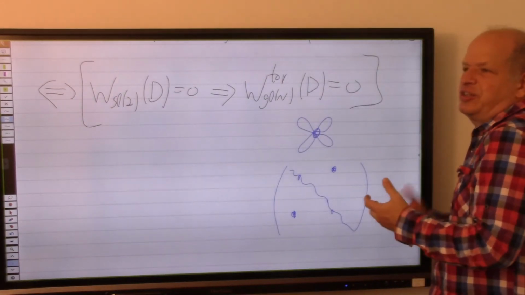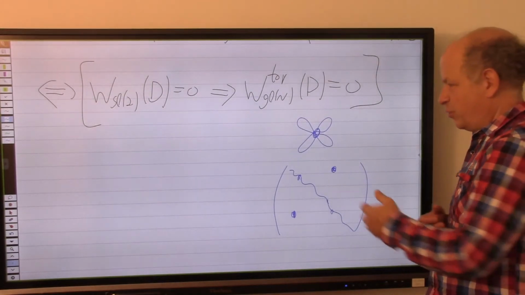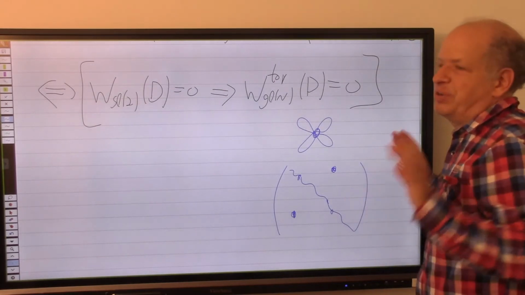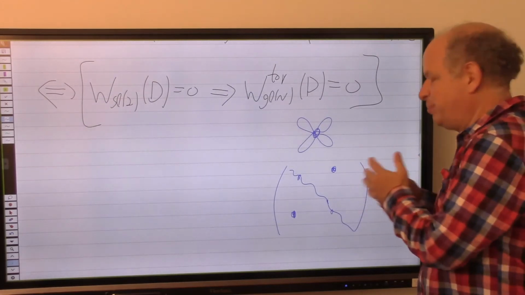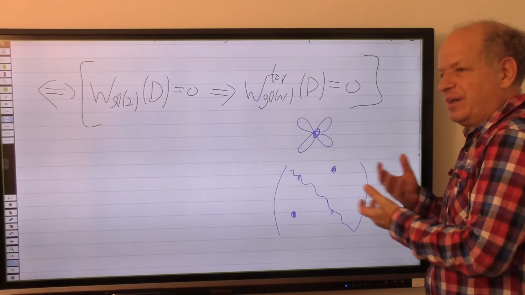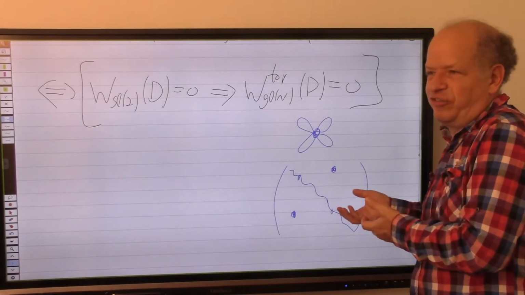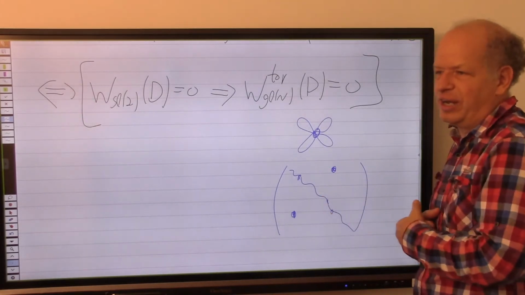So GLN is somehow an amalgamation of many copies of SL2, which all share the diagonal. I'm being imprecise. If you take a class on Lie algebras, it becomes precise. And it becomes important because the study of Lie algebras goes through the study of SL2. You first fully understand SL2, then you fully understand all other Lie algebras.